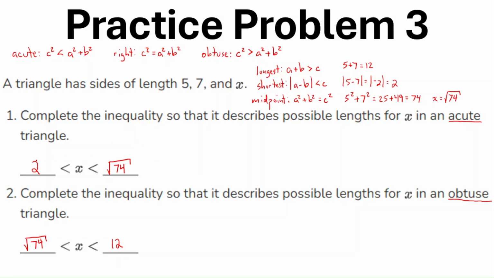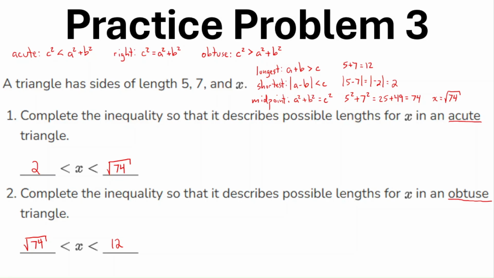So anything between 2 and the square root of 74, and I'm going to have an acute triangle. When x is the square root of 74, that's my midway point, because that's where I'm going to have a right triangle.